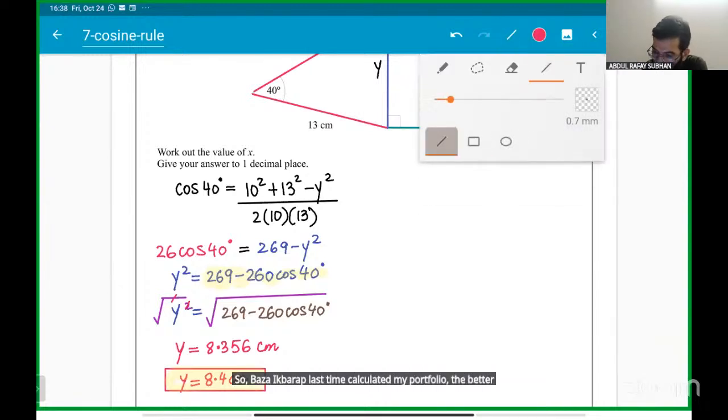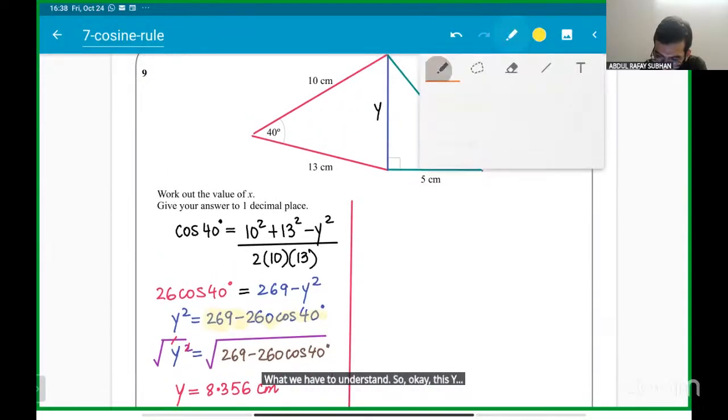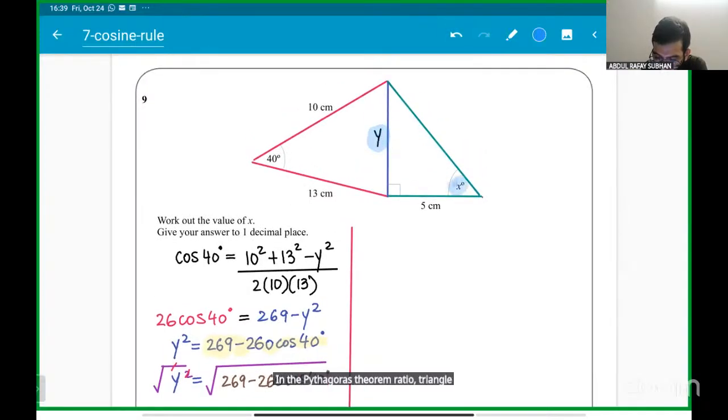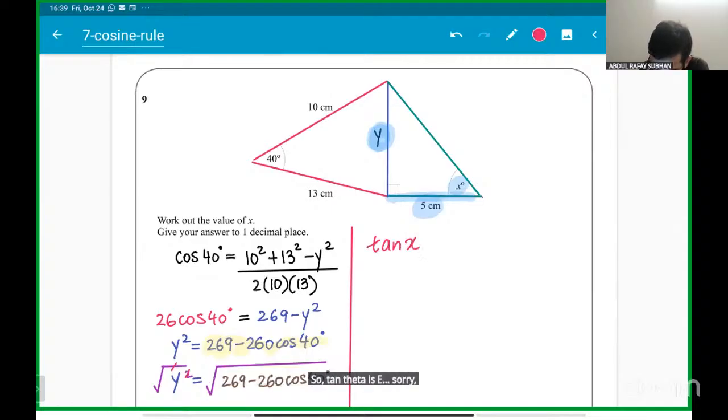This is not the finish of the question. We have got the y value, and we will be using it in the right angle triangle. We have the angle, in front of the angle is the opposite side, and this is the adjacent. So it will be tan theta that we have to apply. Tan of the angle x is equal to opposite divided by adjacent.